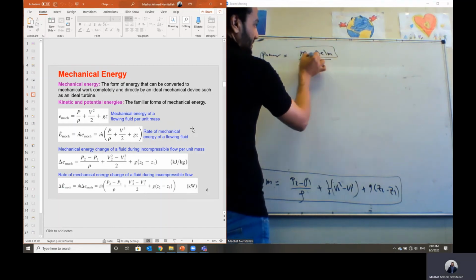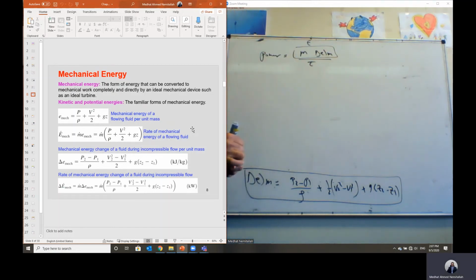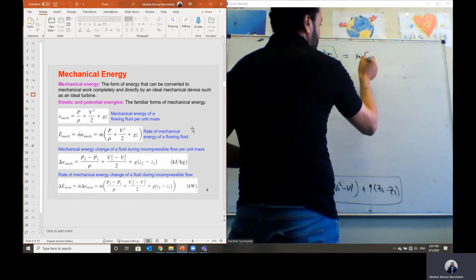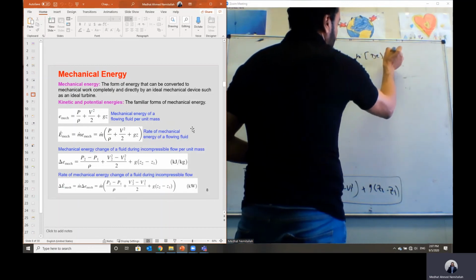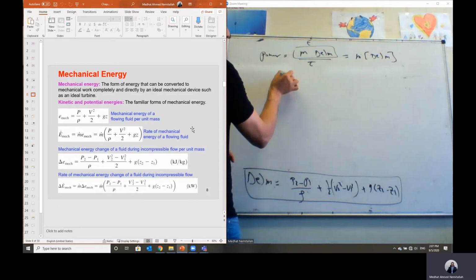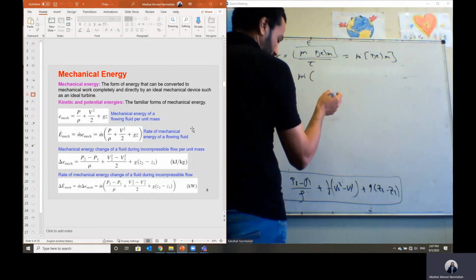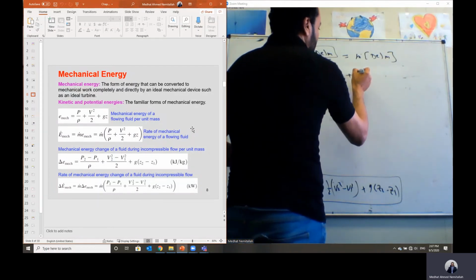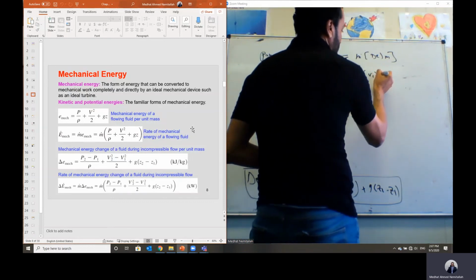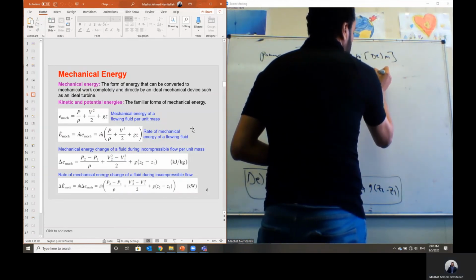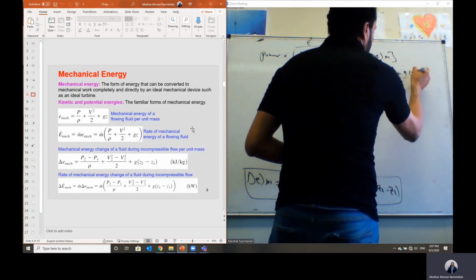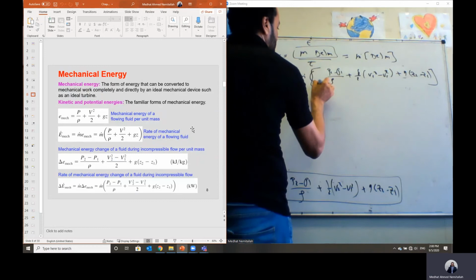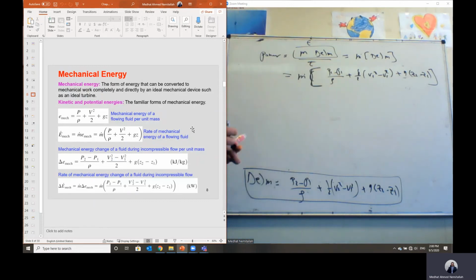Mass over time is m dot. So this will equal m dot multiplied by delta E mechanical, which is P2 minus P1 over rho, plus half V2 squared minus V1 squared, plus g multiplied by Z2 minus Z1. And this is actually the power.